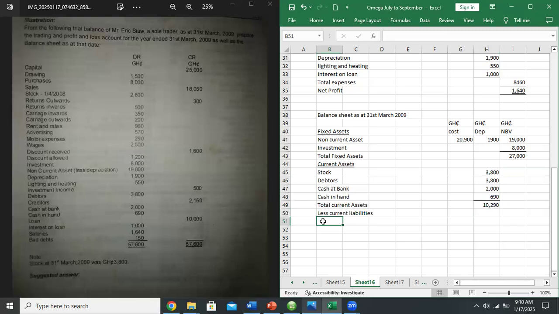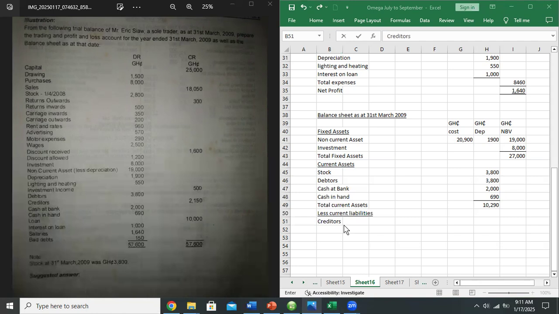We also went through that: creditors, bank overdraft, expenses owing, and income prepaid. I think we have creditors in this question. The creditors figure is 2,150. Apart from the creditors, I'm not sure we have any other current liability. The loan is long term. So the creditors is the only current liability.